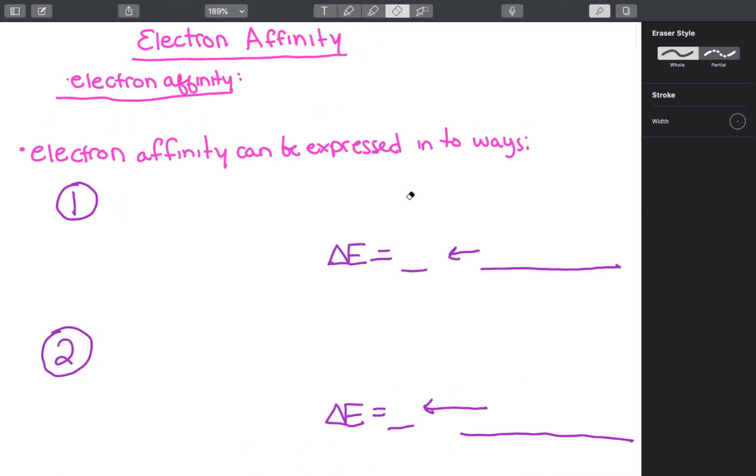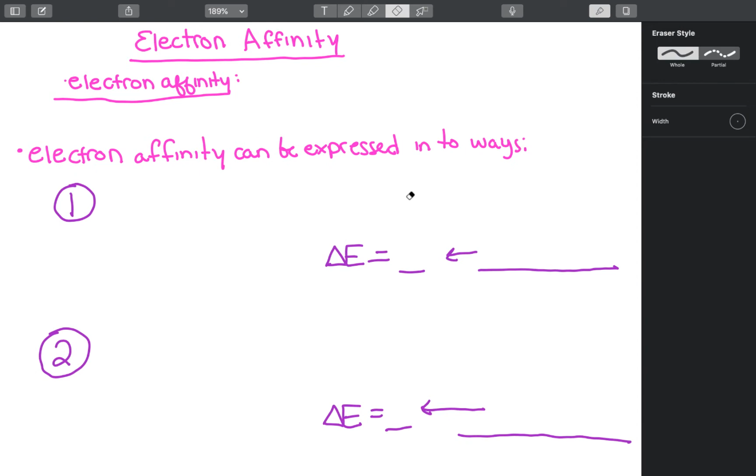So today we're going to be talking about electron affinity. So what is electron affinity?